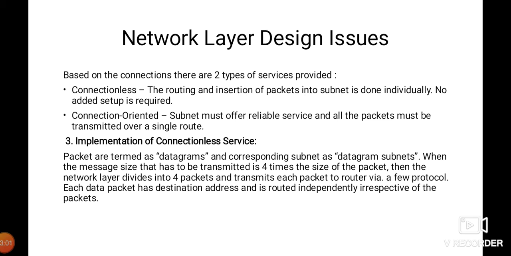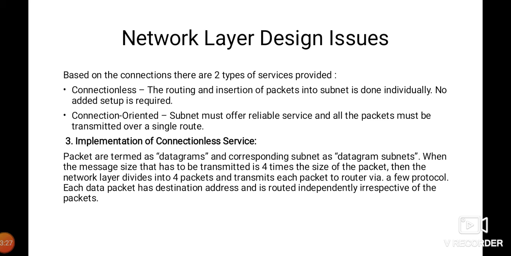In connectionless service, packets are known as datagrams and the subnet is known as a datagram subnet. When the message size that has to be transmitted is 4 times the size of a packet, the network layer divides it into 4 packets and then transmits each packet to the router via a few protocols.